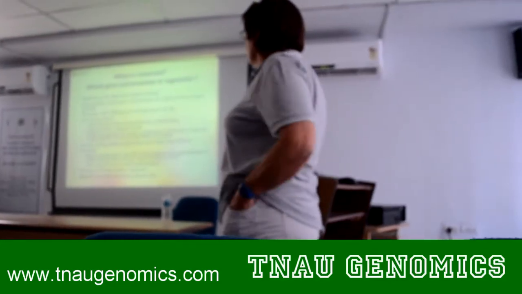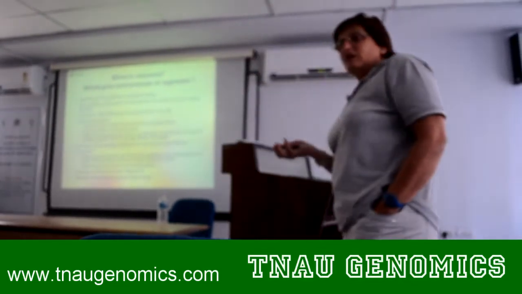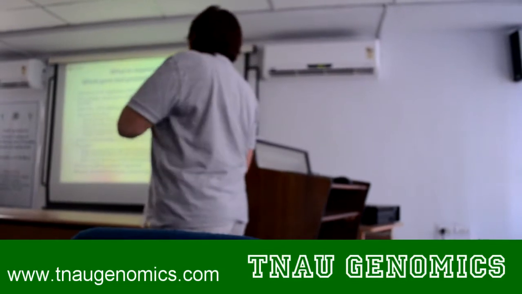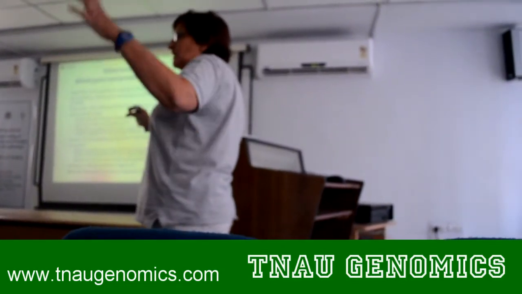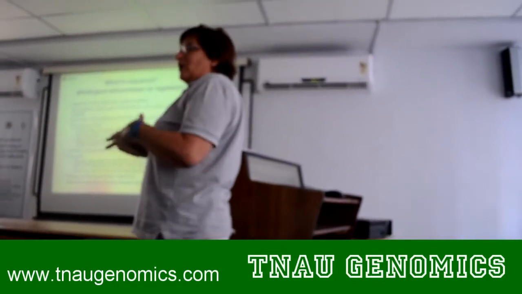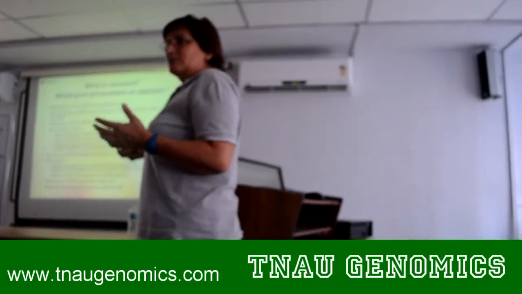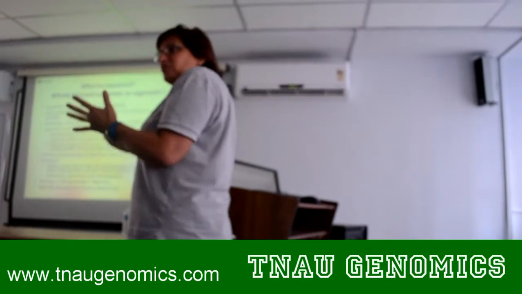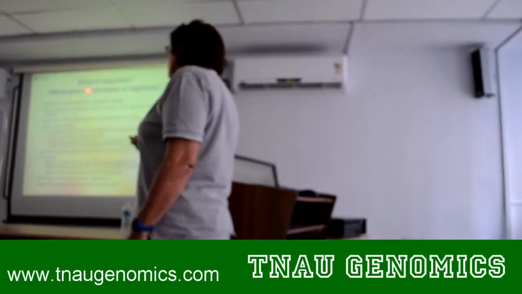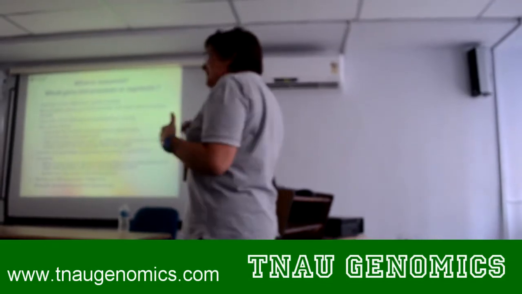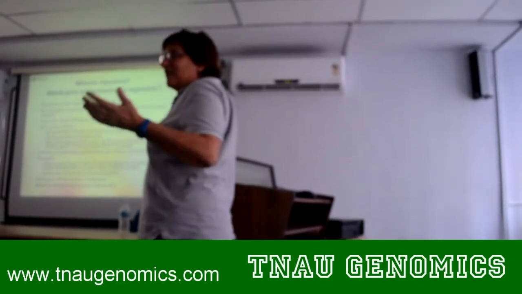Now, what are you going to sequence? A gene is composed of intron, exon, and the promoter zone. What are you going to sequence? All of this, part of this. Again, this depends on your objective and your funding. Of course, if you can sequence the whole gene, it's better.